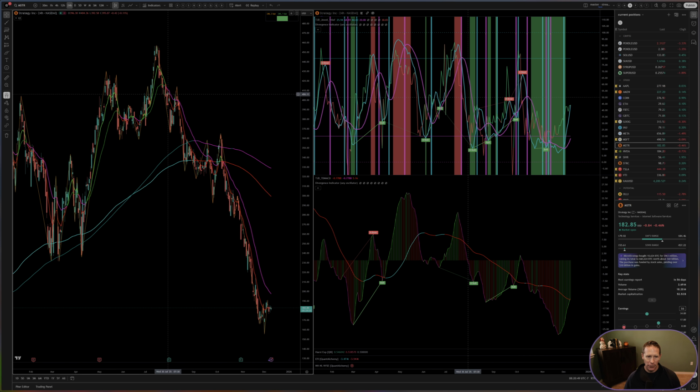If you would have followed this, you would have gotten out. I'm just going to use this as the close; that's when the cross would have happened. Using the open on this bar, you would have been out at about 405, and now we're sitting at 182. That would have been an amazing place to get out if you had been in MicroStrategy.